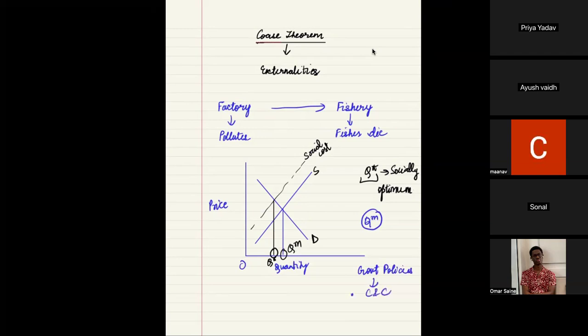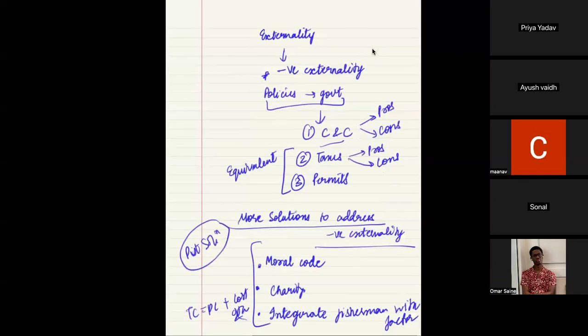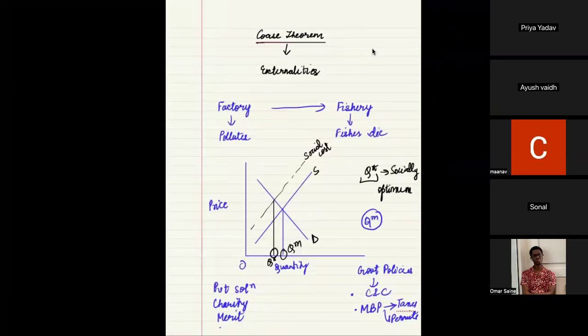We discussed market-based policies in which there were taxes and permits. Then there were some private solutions that we discussed. What were the private solutions? Charity. Then there was merger. Then there was one more private solution that we discussed, that was integrating the firm.